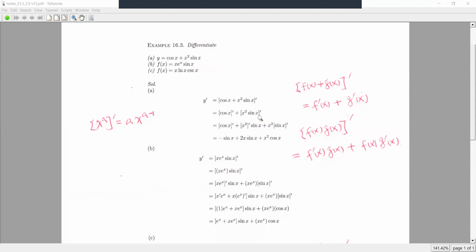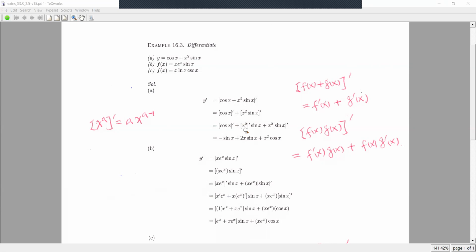For this derivative, the function is a product. The function x squared times the function cosine x. So we apply product rule to this derivative to get this equation. Now, derivative of cosine is negative sine.